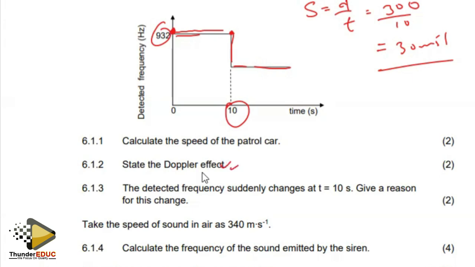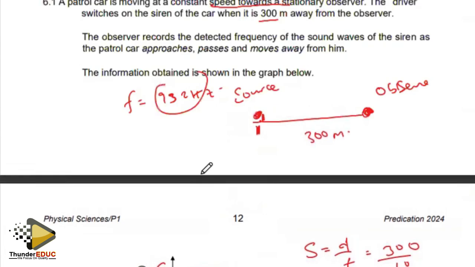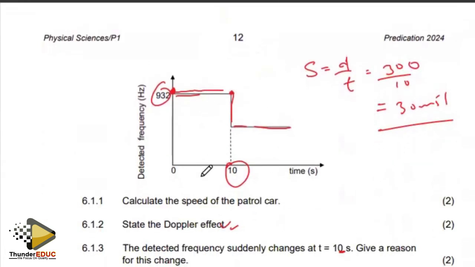6.1.3, they're telling us the detected frequency suddenly changes at this point. What is the question saying, guys? It's saying the detected frequency suddenly changes at this point. And what is the reason for that? Okay, so the changes, I mean, if the car just comes and is making a lot of noise and immediately it passes you, definitely there's going to be a change.